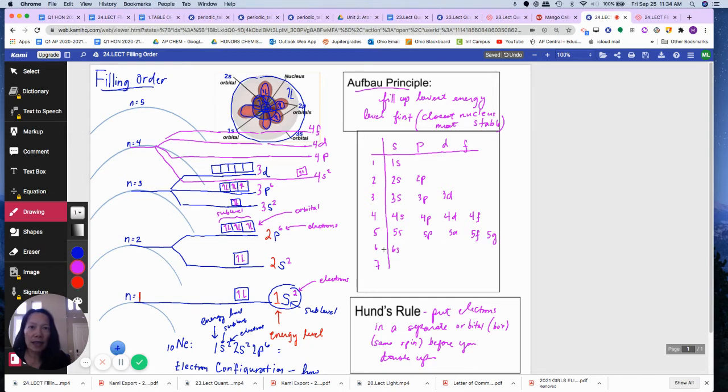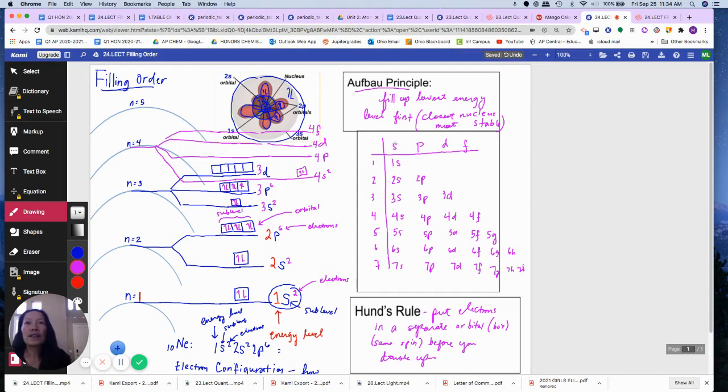And then 6s, 6p, 6d, 6f, 6g, and then 6h, and then 7s, 7p, 7d, 7f, 7g, and 7h, and 7i. Okay?